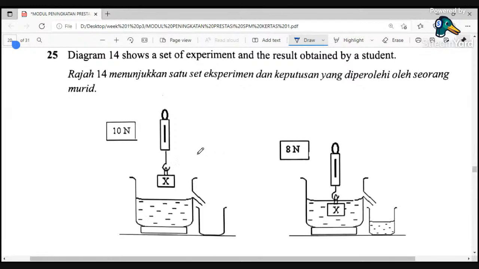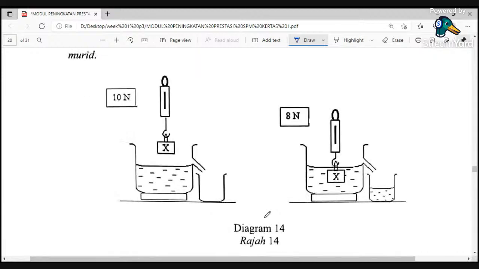Number 25, set of experiment and result obtained by student. Okay, so you have the first one, hanging in air.